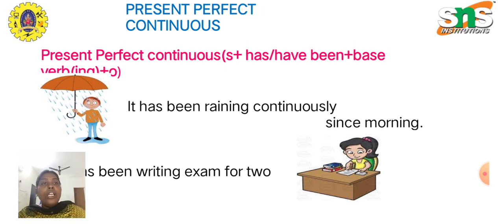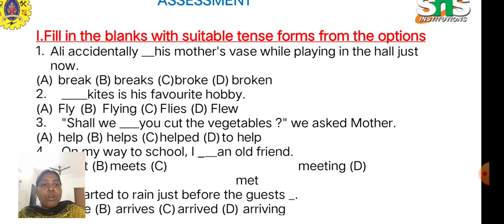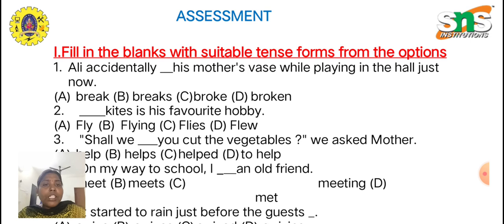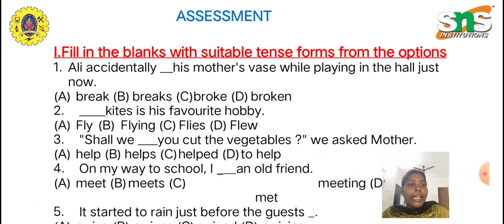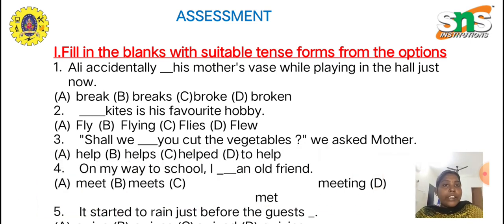Here we have a small assessment. This small assessment will help you recollect the way you understand the tenses. I have given just 5 questions, so we'll try to solve a few here. Ali accidentally dashed his mother's vase while playing in the hall just now.